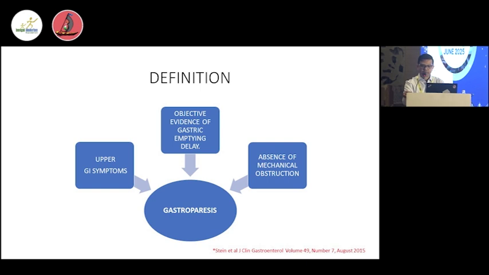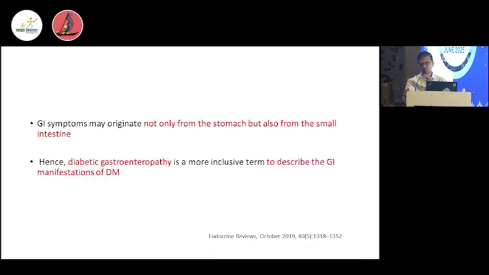So, there are upper GI symptoms. We need to have objective evidence of gastric emptying delay, and there should be an absence of mechanical obstruction to diagnose diabetic gastroparesis. Now, symptoms of diabetic gastroparesis do not just originate from the stomach, but also from the small intestine. And diabetic gastroenteropathy may be a more appropriate, more inclusive terminology.